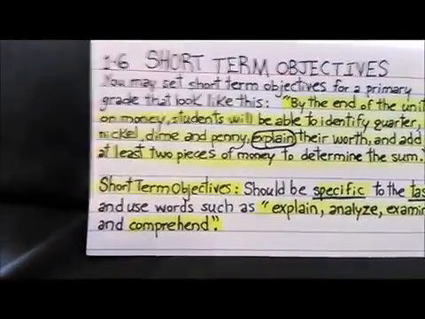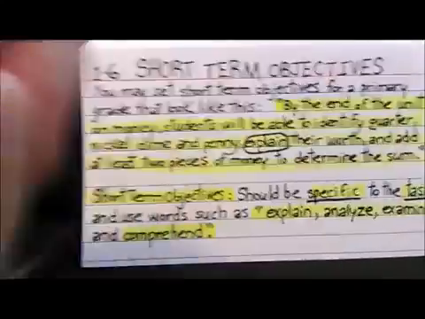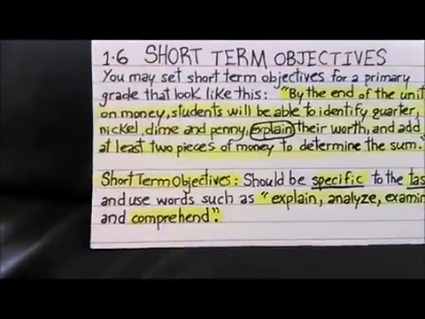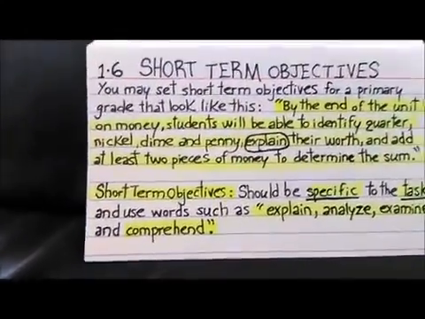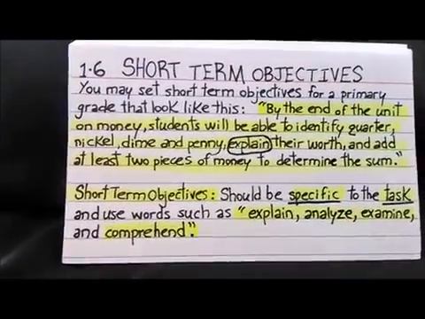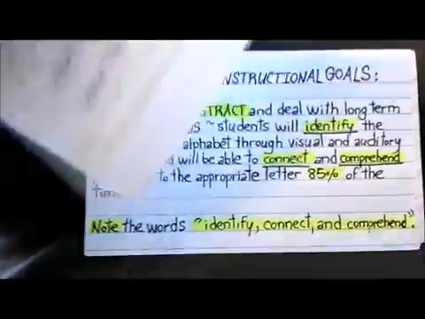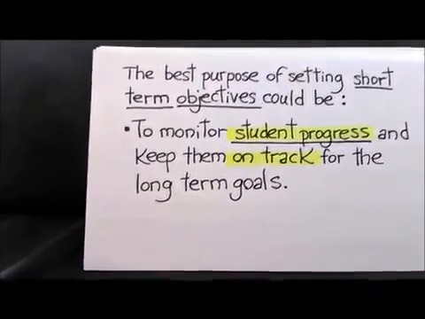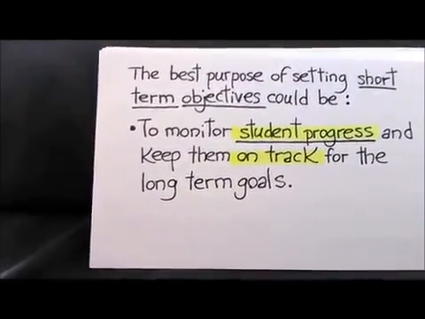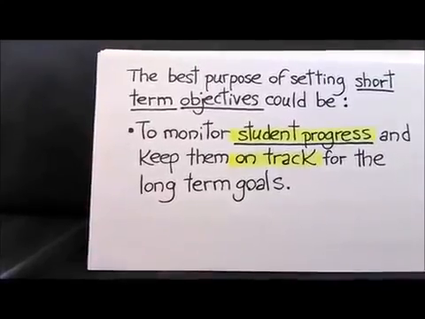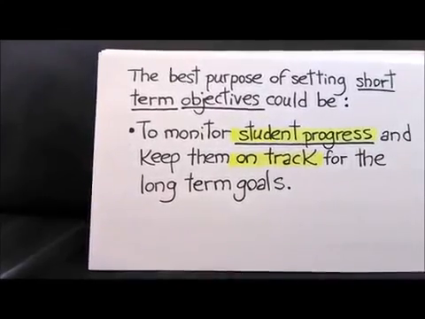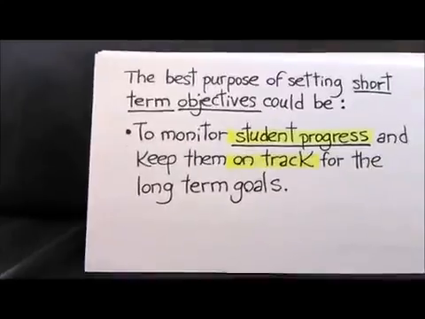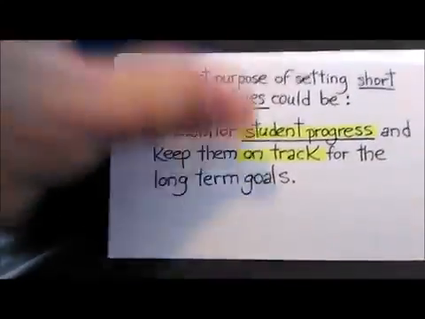Short-term objectives should be specific to the task and use words such as explain, analyze, examine, and comprehend. The best purpose of setting short-term objectives could be to monitor students' progress and keep them on track for the long-term goals.